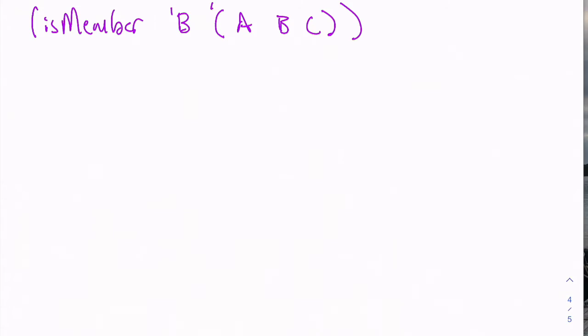So here's our first trace. isMember B, A, B, C. All right. So what we'll do is we're going to compare B and A, and are they equal?